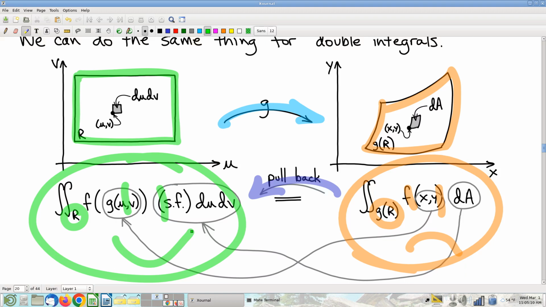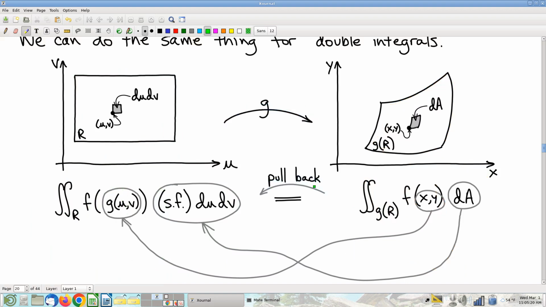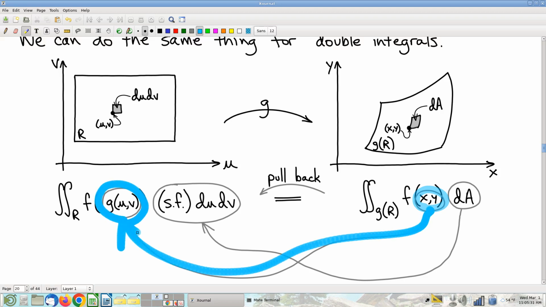Big plan. Notice it's a shameless ripoff of what we've already done in single variable calculus, and the only thing that's actually to be figured out, and some of this is sort of obvious: what is x comma y? How do I rewrite x comma y? Well, that's the very definition of the function g. X comma y is what g of u comma v gives you. So plugging into an integral, nothing deep happening there.